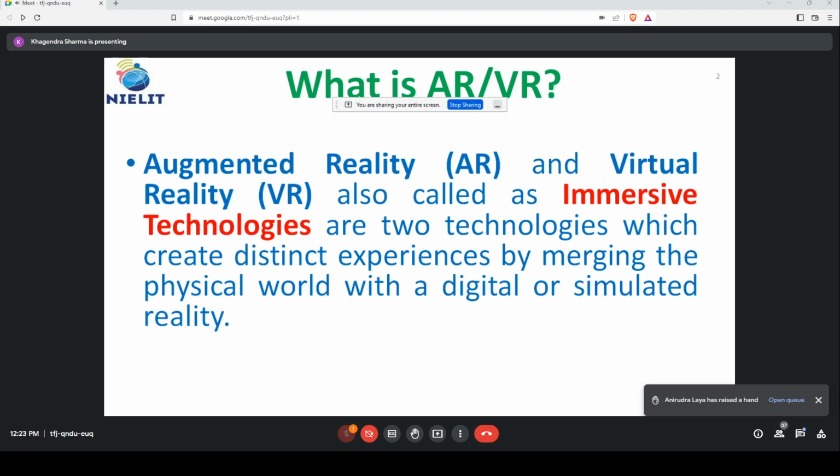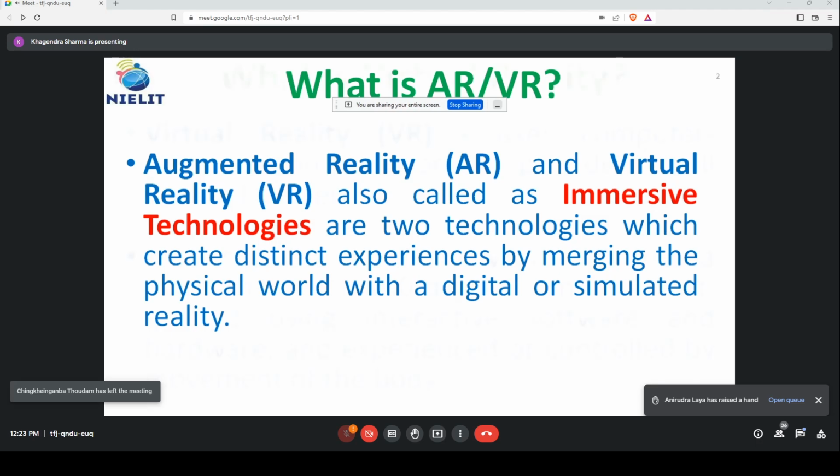So these two technologies create distinct experiences by merging the physical world with a digital or simulated reality. Okay, so that is what is your immersive technology. Sometimes it is also called as experiential technology, because it helps us to experience some different things actually.